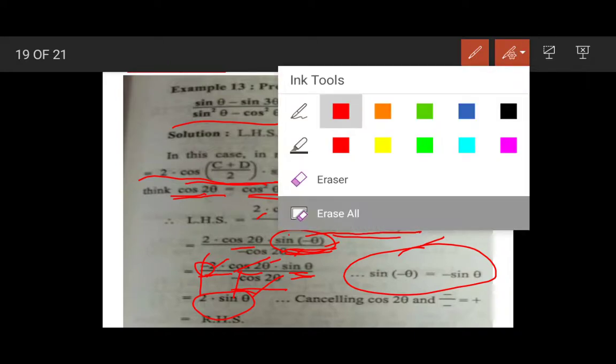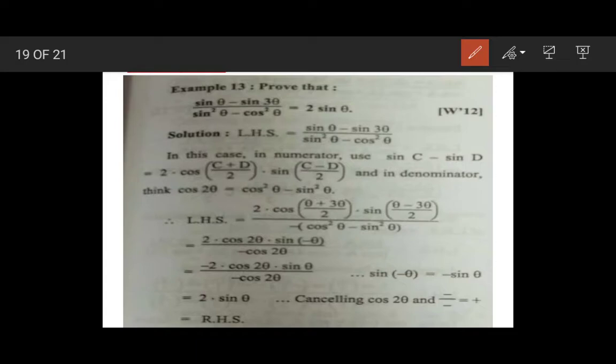Very simple sum. Once again, what am I doing? I am using the sin C minus sin D formula in the numerator. In the denominator, I am just using the cos 2 theta formula. Cos 2 theta is cos square theta minus sin square theta, so for that I am taking minus common. Then finally I am getting 2 into cos 2 theta into sin minus theta, and here I am using the negative angle formula.